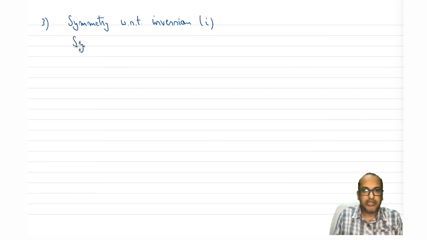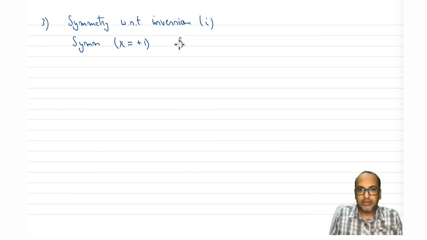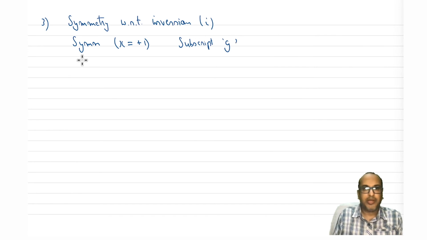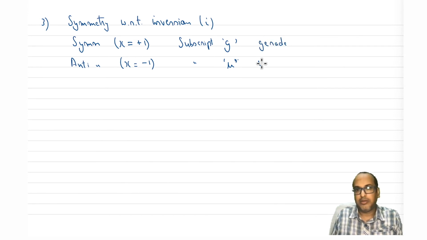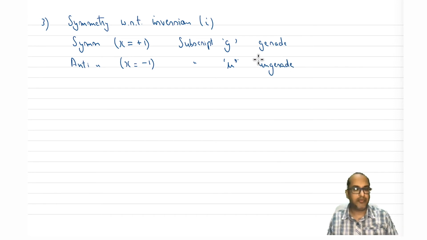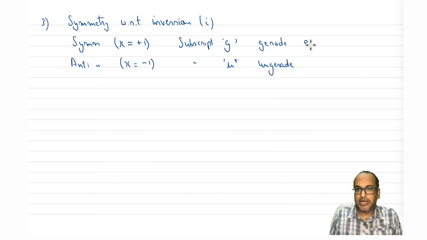If it is symmetric, the character equals +1, and the subscript is G. If it is anti-symmetric, that is, the character is -1, the subscript is U. This stands for gerade and ungerade, which basically means even or odd.